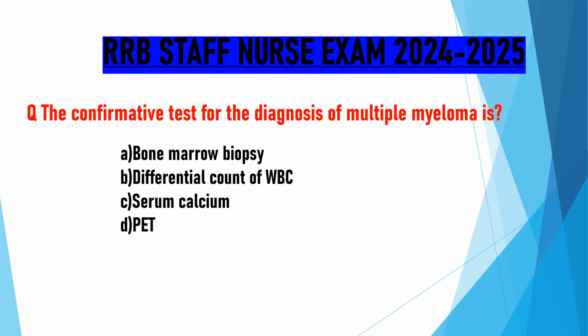So the answer is option A, bone marrow biopsy. Blood test, urine test, X-ray, PET, CT scan are useful in diagnosis of multiple myeloma, but definitive confirmation of multiple myeloma can be made only through a bone marrow biopsy.